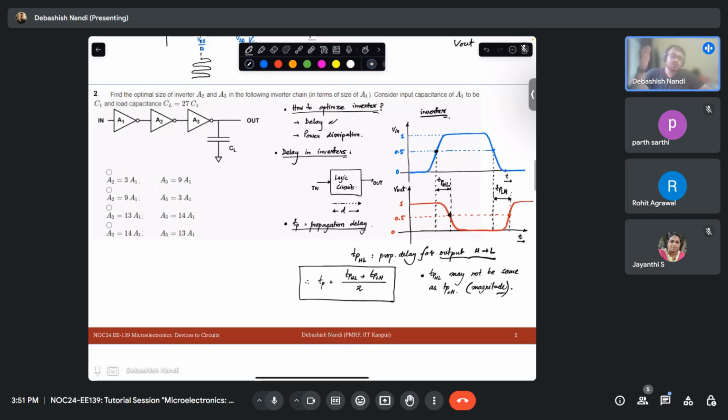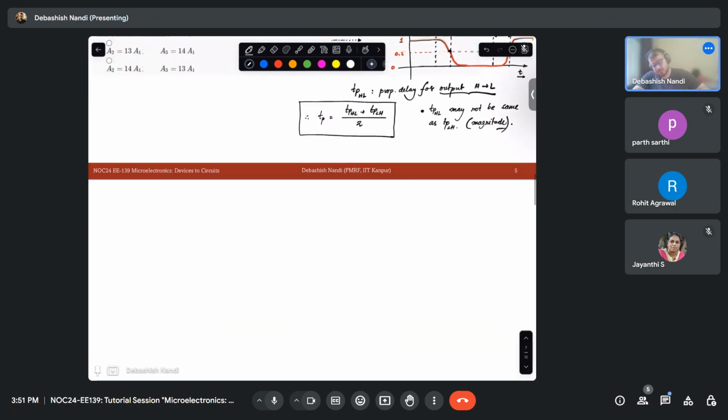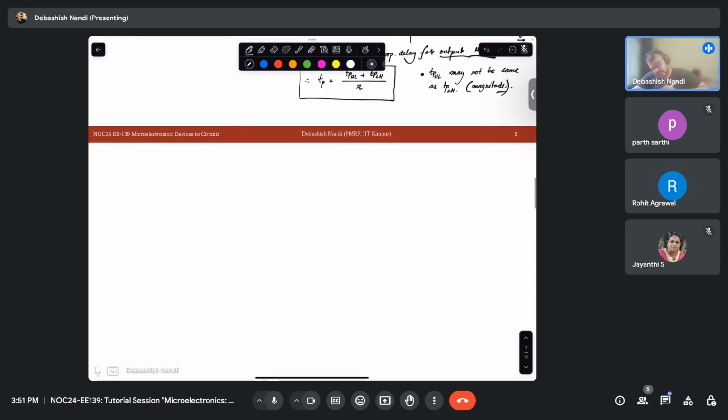So now we need to define how we can measure these propagation delays, from our knowledge of PMOS transistors, NMOS transistors, and how the circuits behave. So first, let's say you have an inverter.